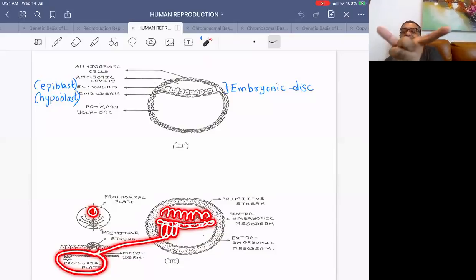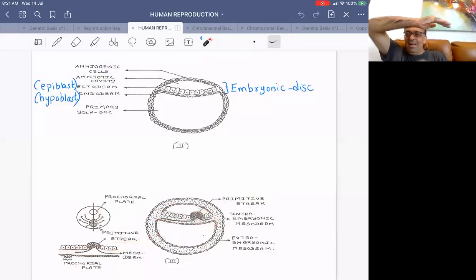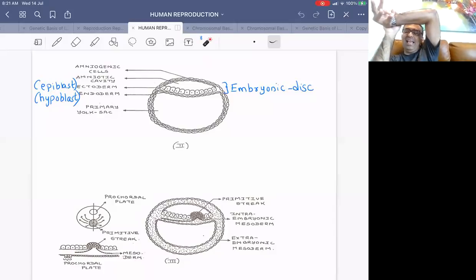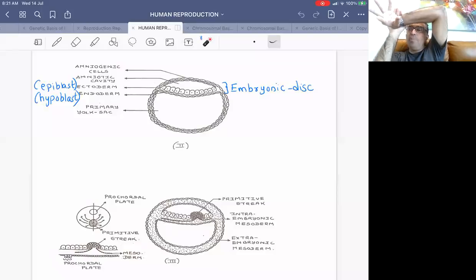And इसे visualize करेंगे. समझो ये embryonic disc ऐसे था, and embryonic disc ऐसे था, उसमें flat cells have become columnar, procordal plate. अब उस disc को ये ध्यान से देखना, हम लोग ऐसे देख रहे हैं. So we are seeing it now like this. So this is the procordal plate.